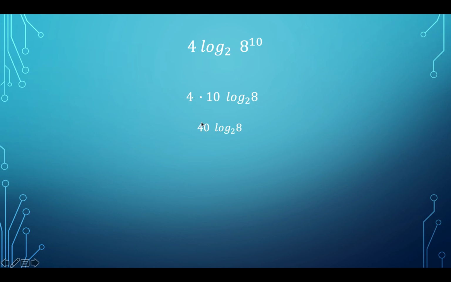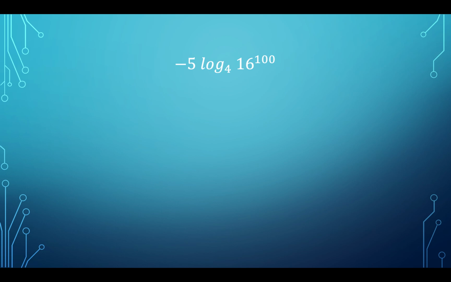So 4 times 10 gives us 40, and then we still have log base 2 of 8. We got to go in and evaluate this. So when we do that, log 8 over log 2 gives us 3. So now we do 40 times 3, and we get 120. Our final answer is 120.